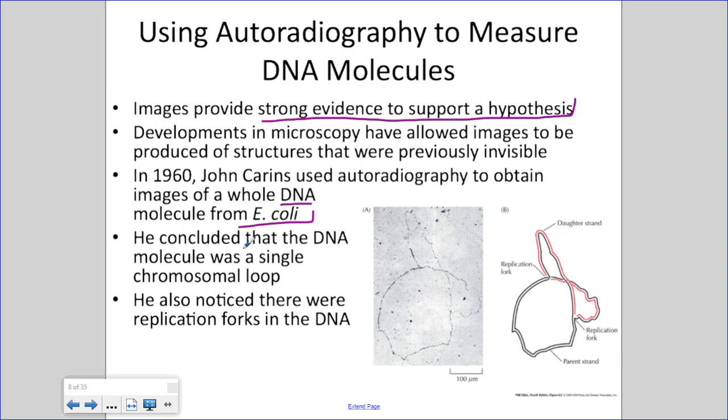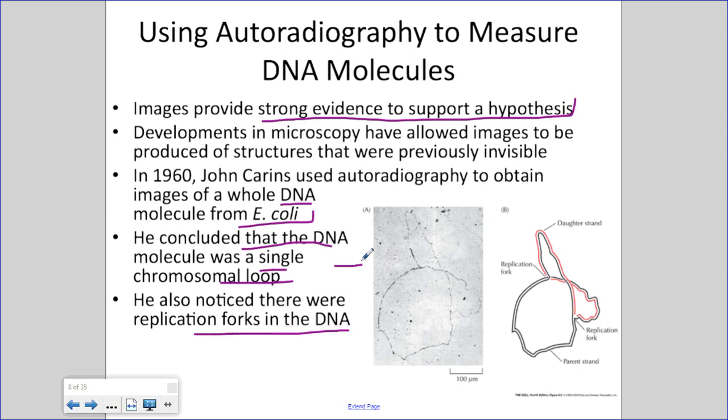Basically, he used it to visualize the chromosome of a prokaryotic cell. From his images, he concluded that the DNA molecule was a single chromosomal loop. He also noted where replication forks occur within the DNA. As the DNA is being copied, you get what is called a replication fork, where you get newly synthesized DNA.